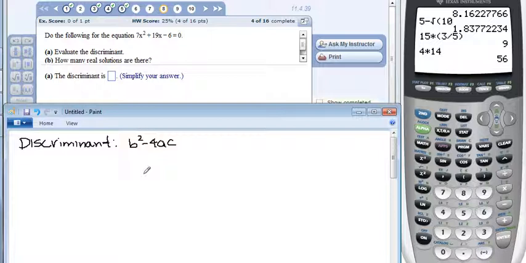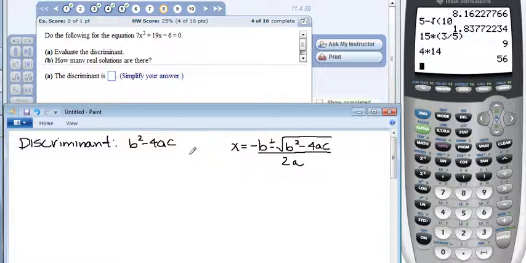Okay, do you see that that's actually, hang on, let me write out the quadratic formula here for you. Do you see that it's the piece that sits underneath that radical? Not including the radical? Okay. So we're going to evaluate the discriminant. All right, and it's going to tell us something.